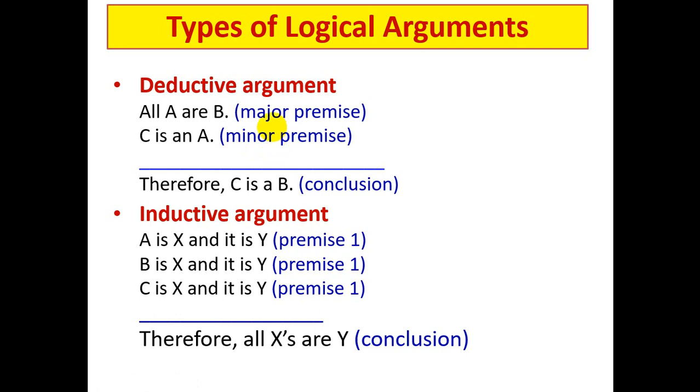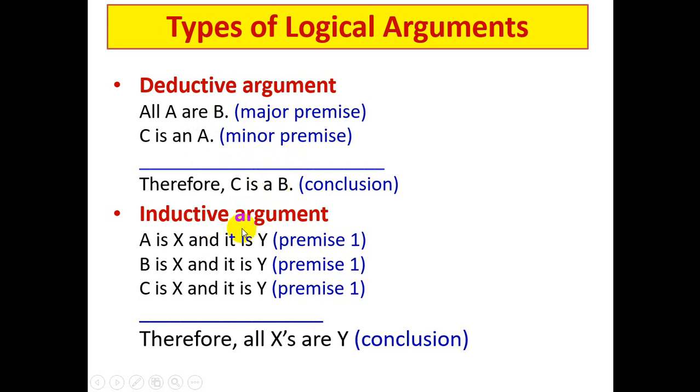In this case, we are going to deduce something from the premises. We are deducing from these two premises that C is B. So we are moving from the general to the specific, from the general to the specific.